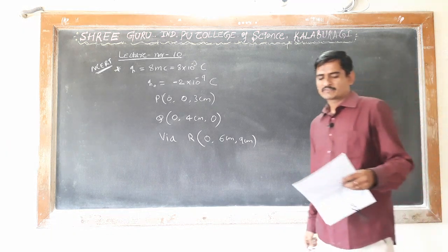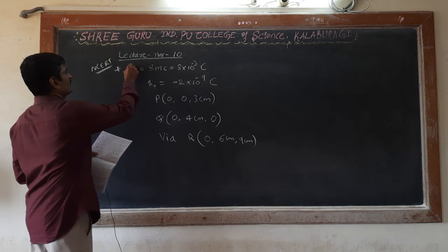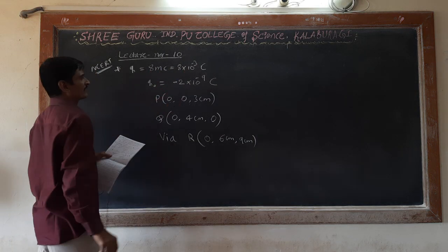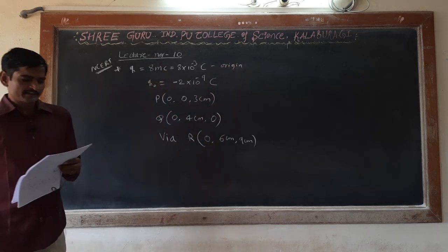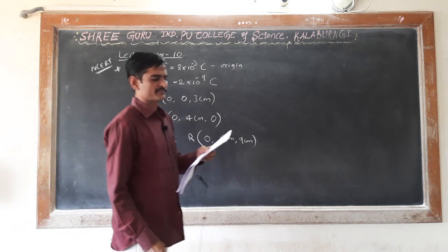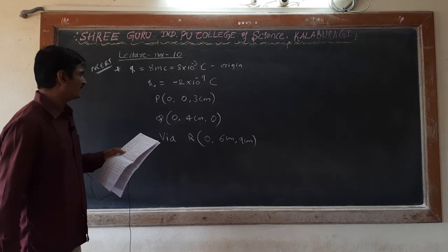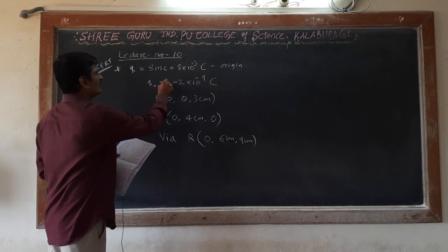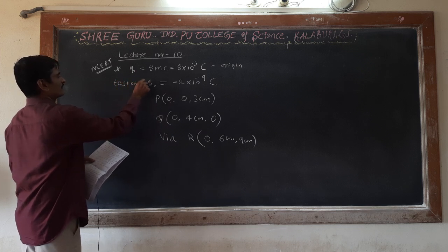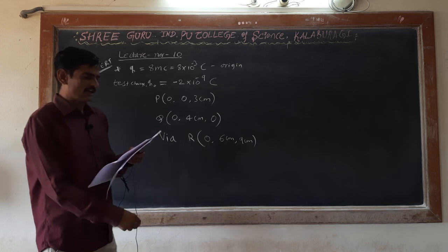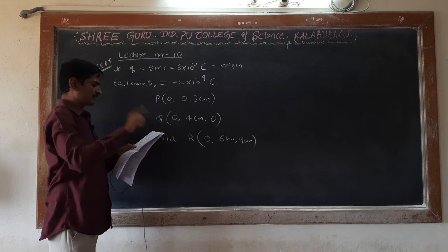So here I will read the problem once again. A charge of 8 millicoulomb is located at the origin. Calculate the work done in taking a small charge of minus 2 into 10 to the power minus 9 coulomb from one point to another point.